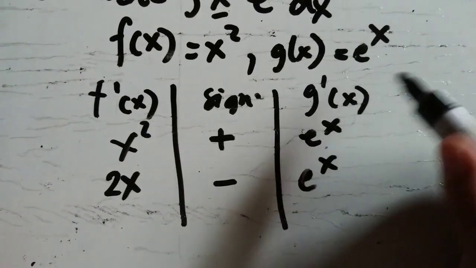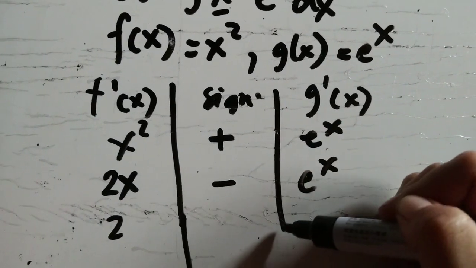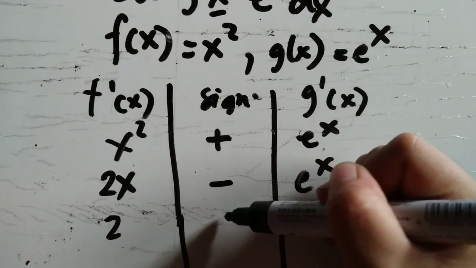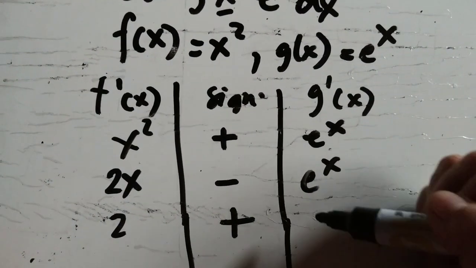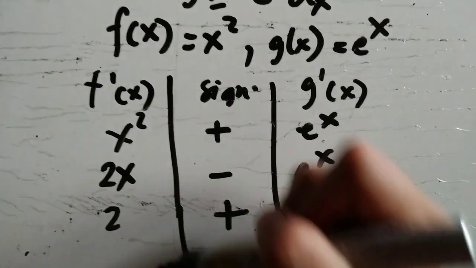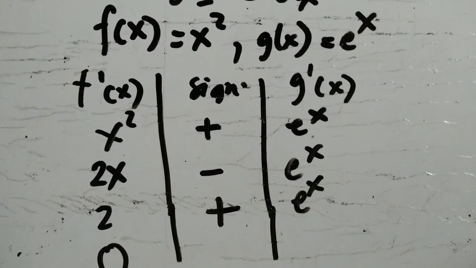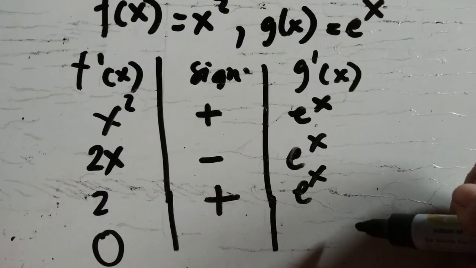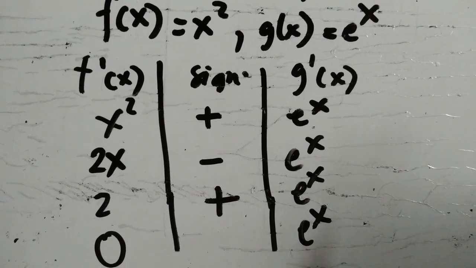Then our next derivative is 2, then another alternate plus sign. Then another integration of e to the x, so that would be e raised to x. Then the derivative of 2 will be 0, and the antiderivative of e raised to x is e raised to x.